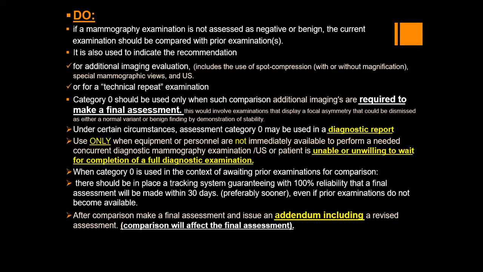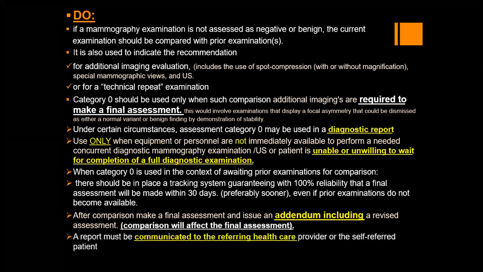You see, the final assessment will be the new assessment you added as an addendum. And you should contact or communicate with the referring physician to inform him and acknowledge him of this new assessment.